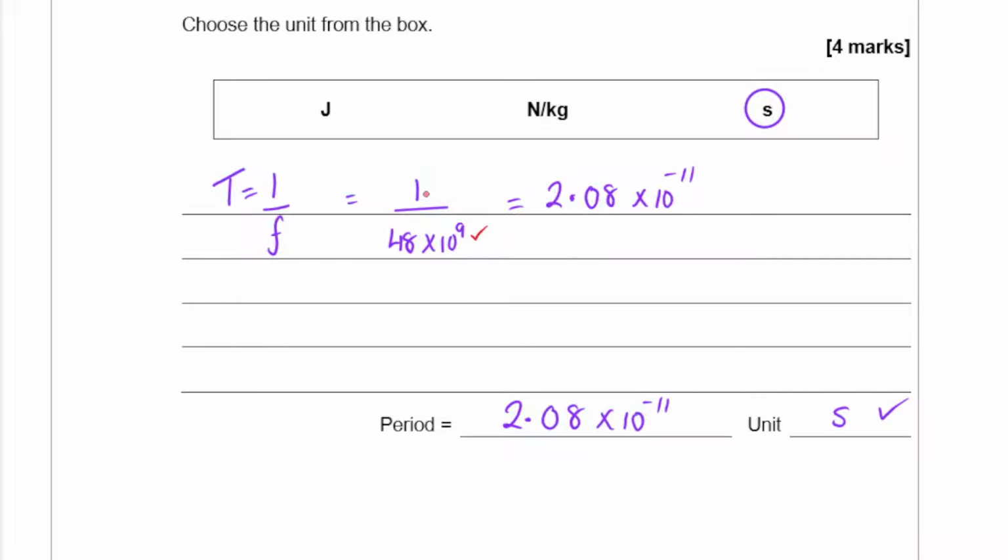If you just simply wrote 1 divided by 48, your answer is going to be incorrect, but you'll still wind up getting 2 marks. And with the correct unit, you should get 3 marks for that question, even if you forgot how to do the conversion.